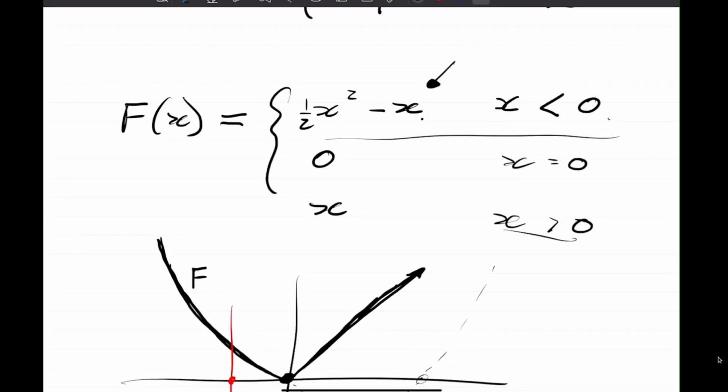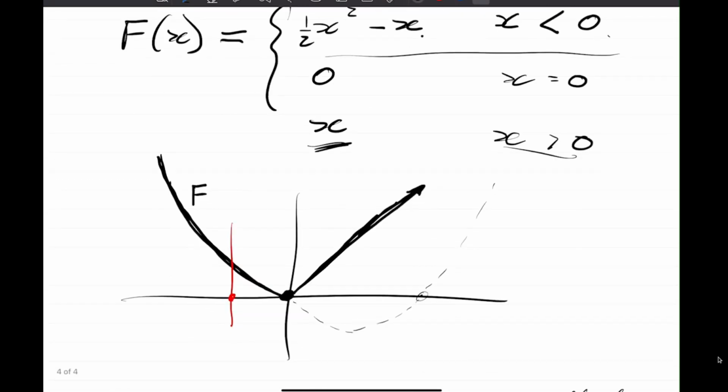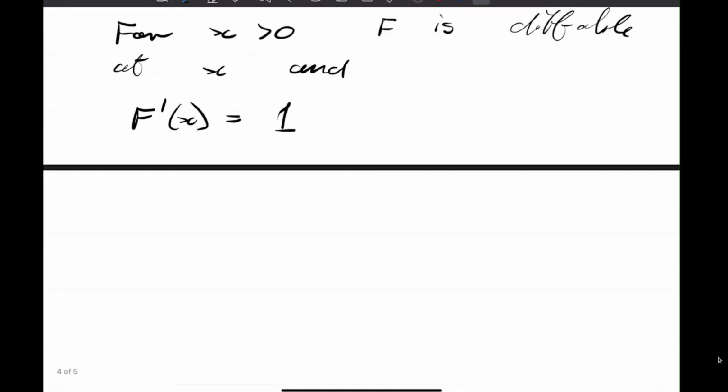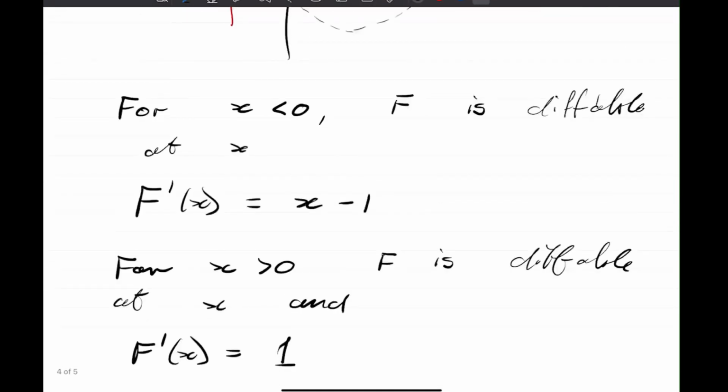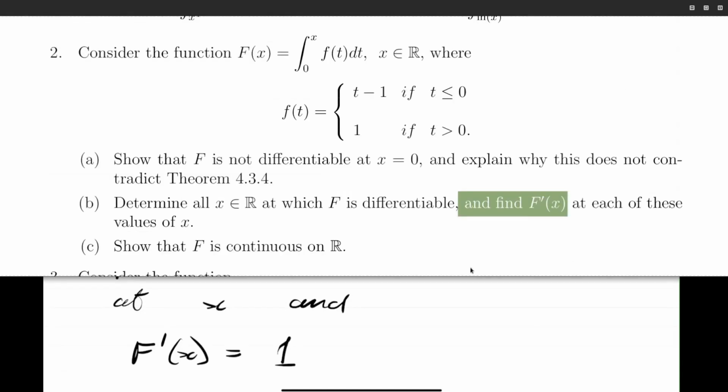So for x greater than 0, f takes on the value x, so the derivative is just equal to 1. So where is big F differentiable? It is differentiable everywhere except at 0.